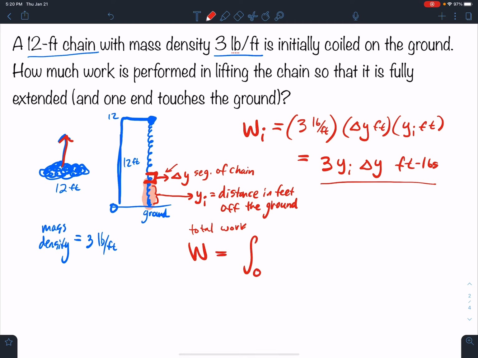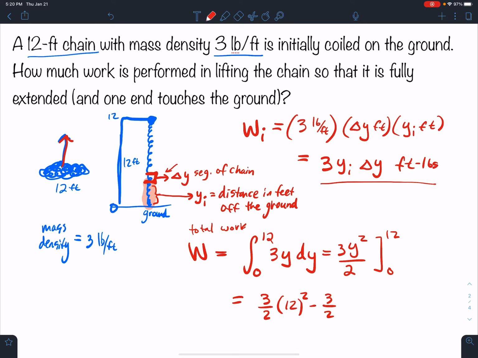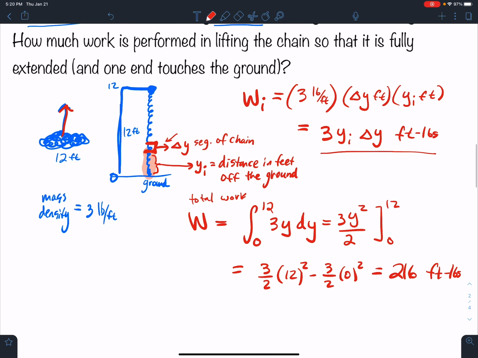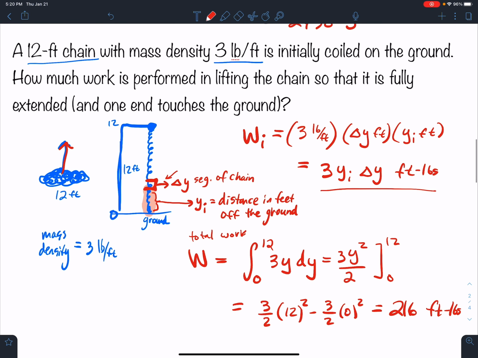It's the integral from 0 to 12 of 3y dy, which is 3 times y squared over 2, evaluated from 0 to 12. So that is 3 over 2 times 12 squared minus 3 over 2 times 0 squared, which is 216 foot-pounds required.